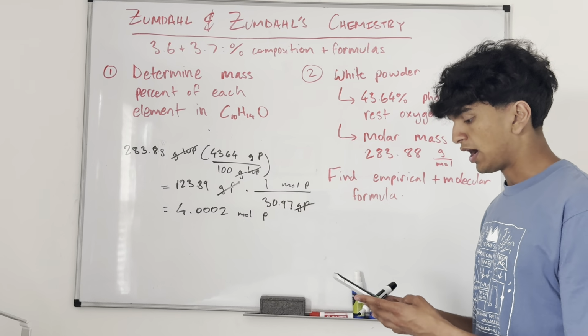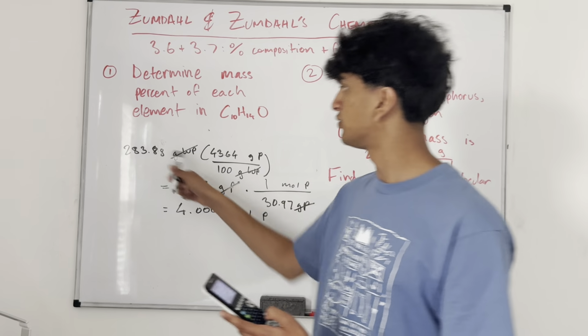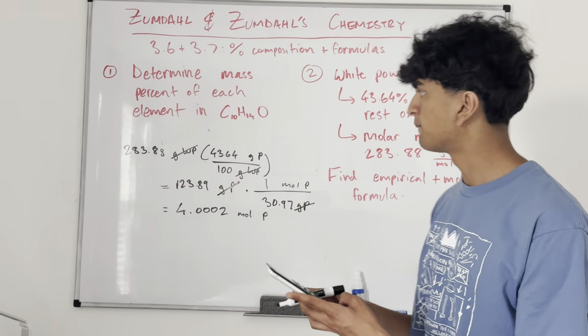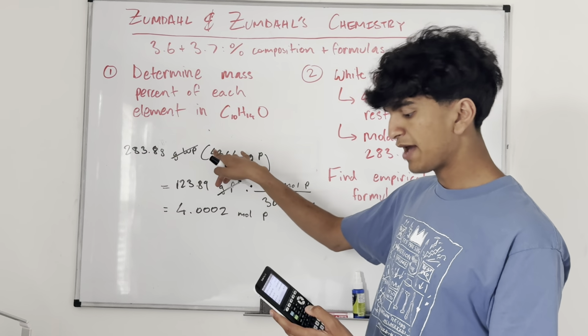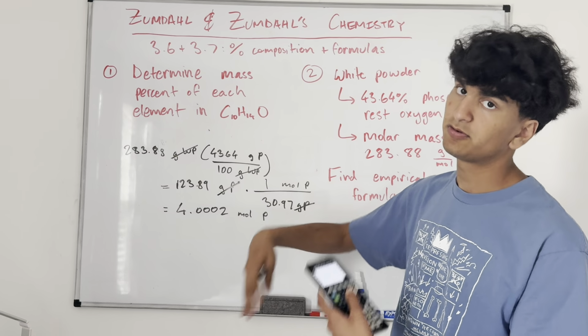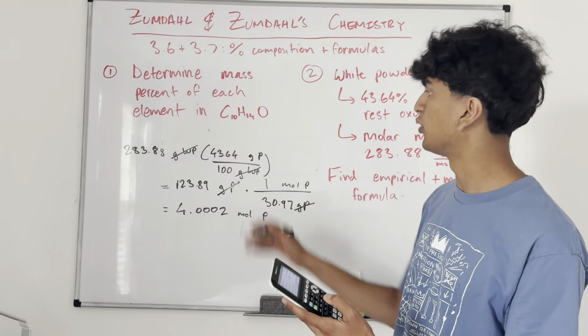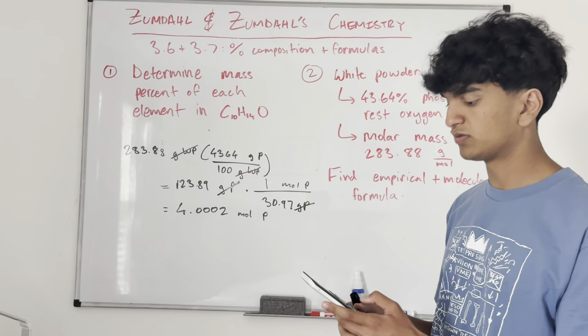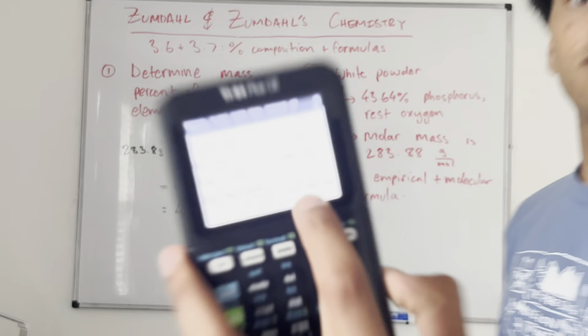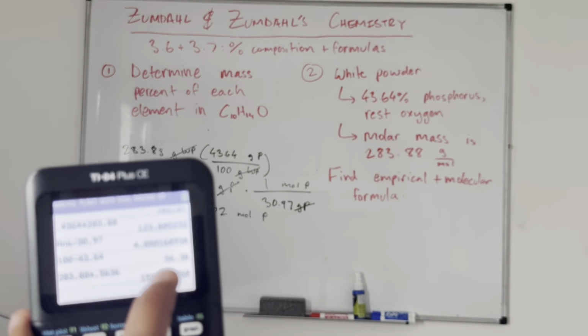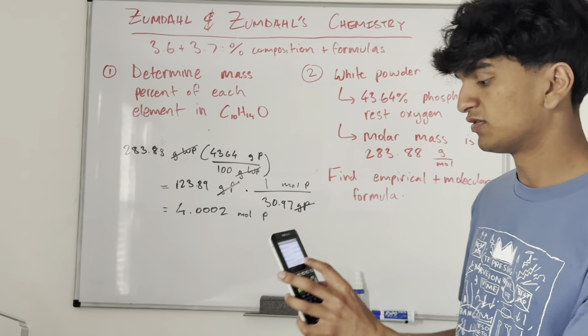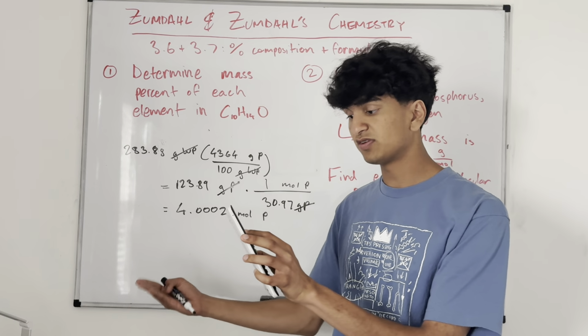So I'm going to do 283.88 multiplied by 56.36 divided by 100, or just multiply by 0.5636, right? Multiplying it by 56.36%. So this will give me the grams of oxygen. It's about 159 grams of oxygen.